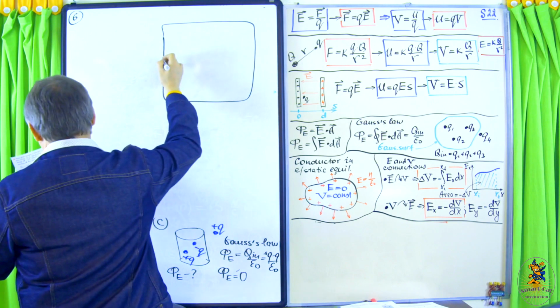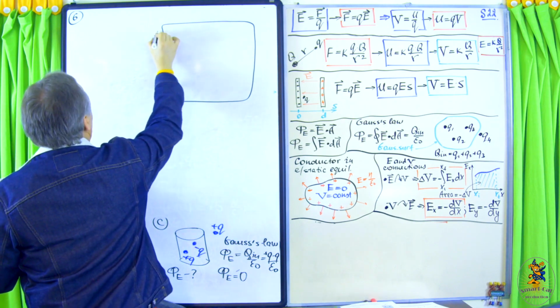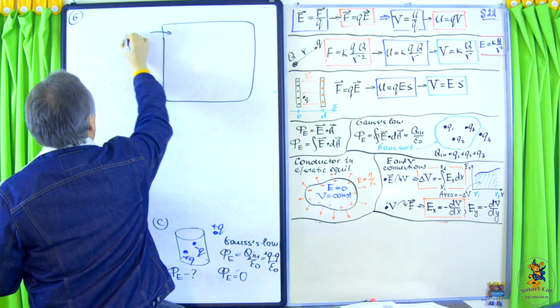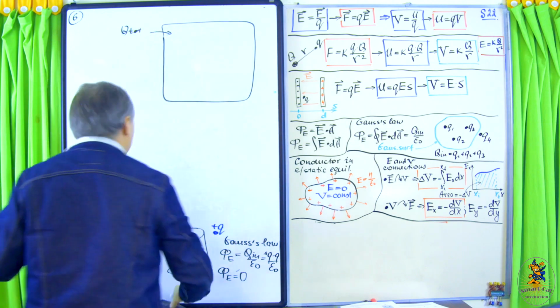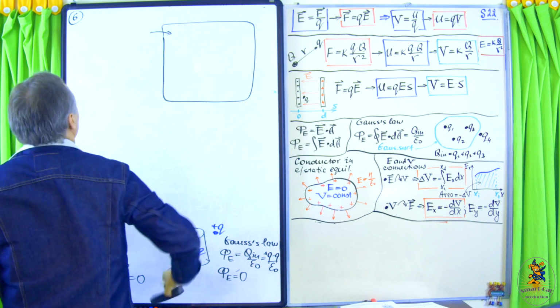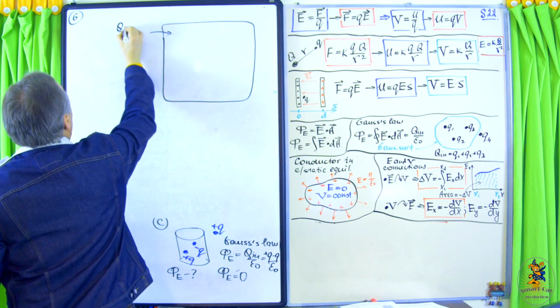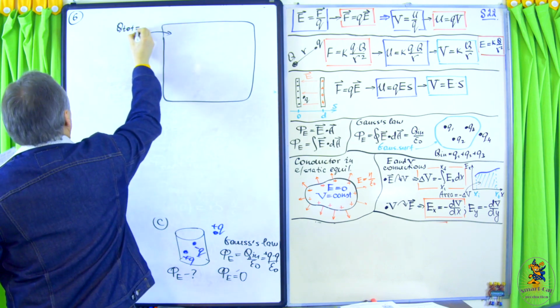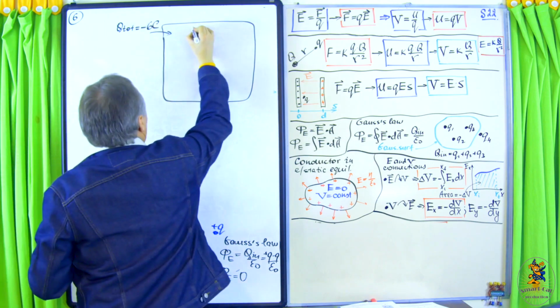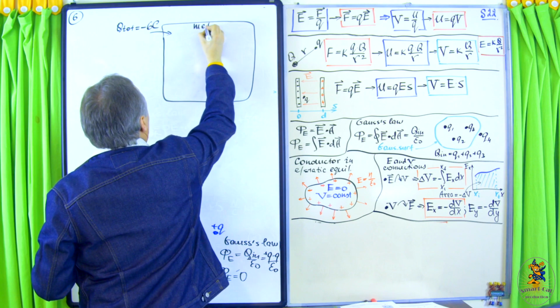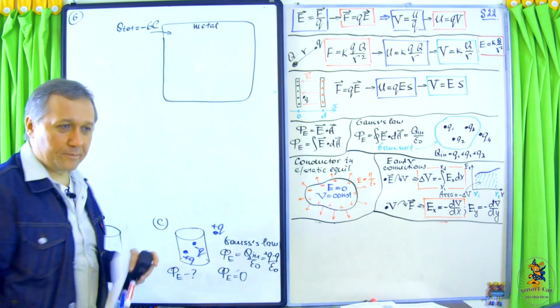Let's assume that this conductor is charged, and let me write Q total equals minus 6 coulombs. Again, this is a metal conductor.